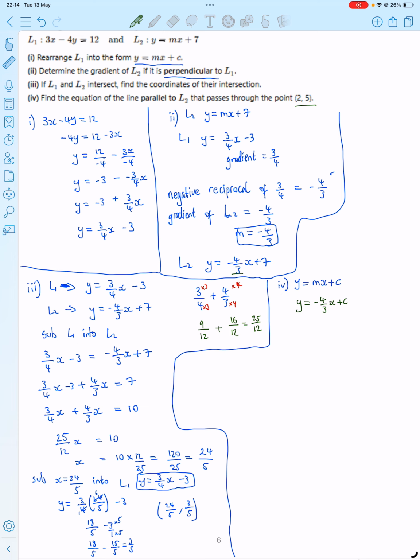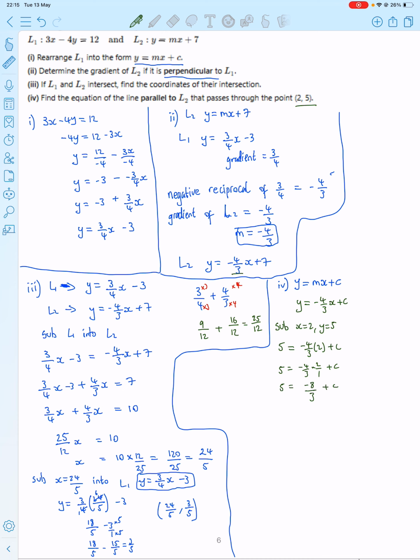So we sub x equals 2, y equals 5, and we can use that to work out what c is. So we have 5 equals minus 4/3 lots of 2, plus c. So 5 equals minus 4/3 times 2/1, plus c. 5 equals minus 8/3 plus c.